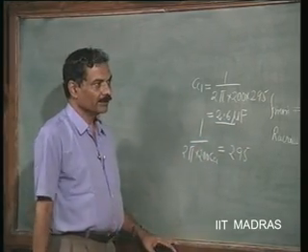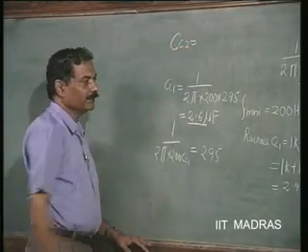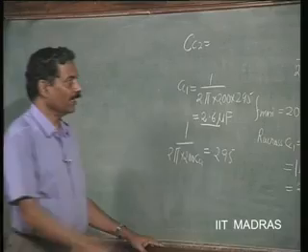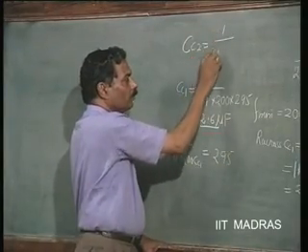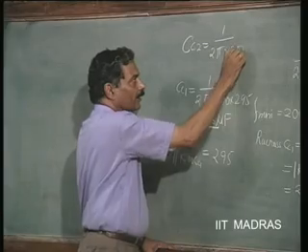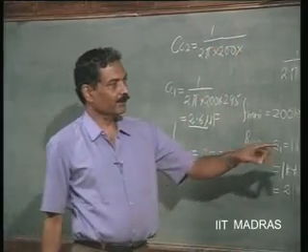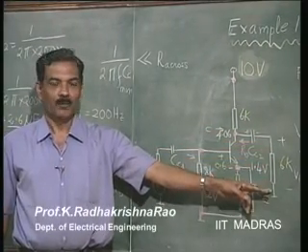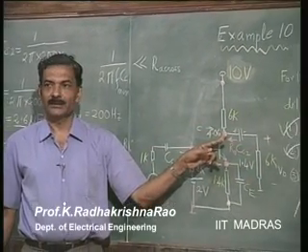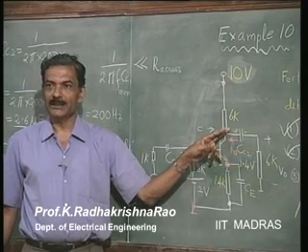Similarly, you can find out the value of Cc2, let us do that without going into all these equations. We know 1 over 2 pi into 200 into, what is the effective resistance across this capacitor? 6K plus output resistance, which is 6K.